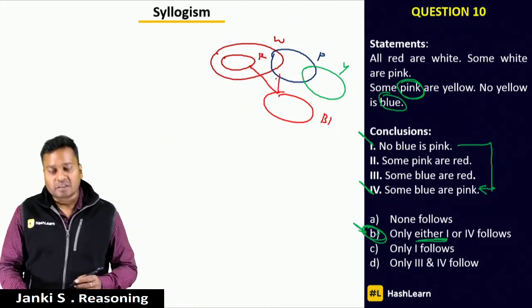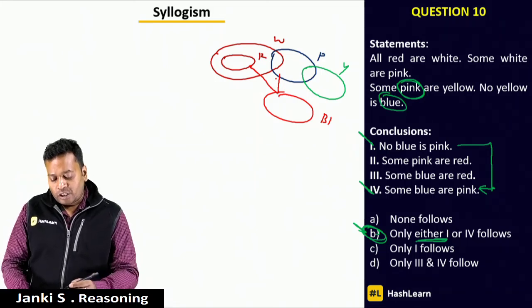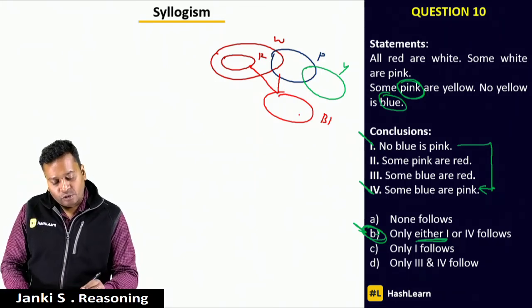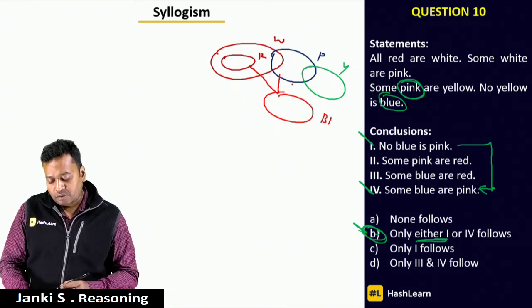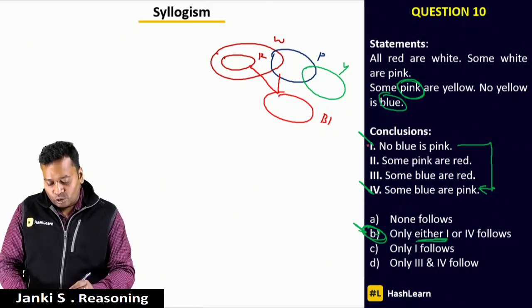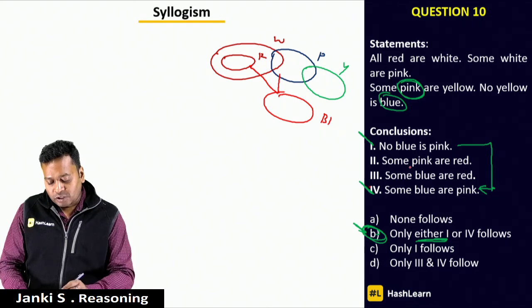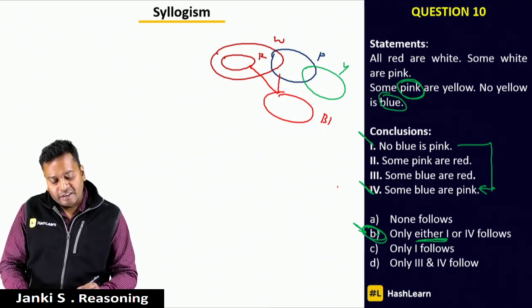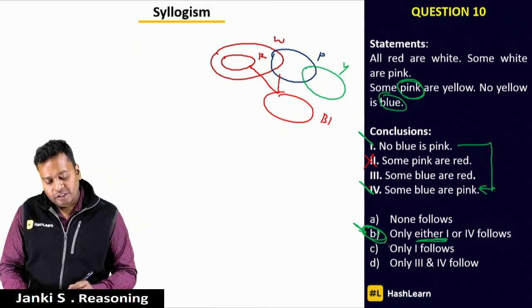So that's my representation. So I'll mark in this. So let's check. No blue is pink. No blue is pink, which is possible here. Some blue are pink. If it will move inside this, that means some blue is pink or pink is also possible, right. So either this or this is possible. Some pink are red, so some pink are red, definitely not possible here.